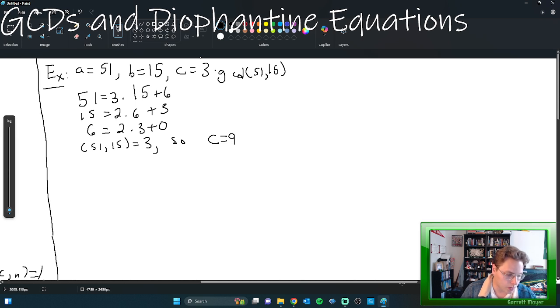Okay, once we have that, we can work backwards to write the GCD in terms of a and b. Using this equation, we have the GCD in terms of 6 and 15, and then we have 6 in terms of 15 and 51. I'll walk you through how to work backwards from here.